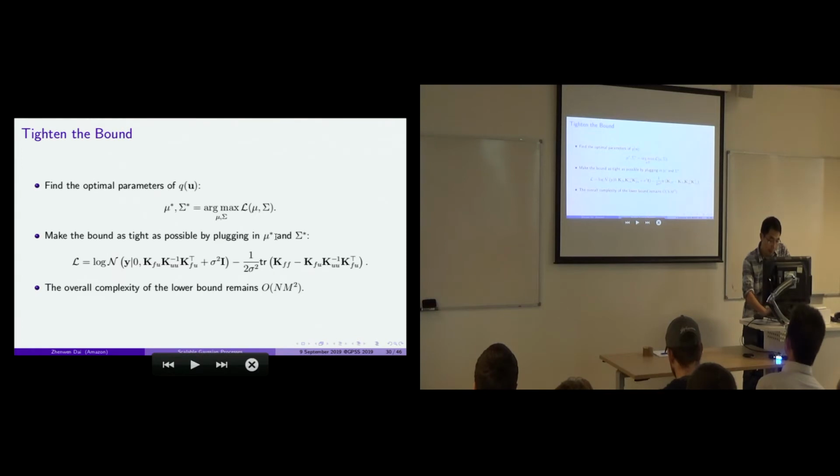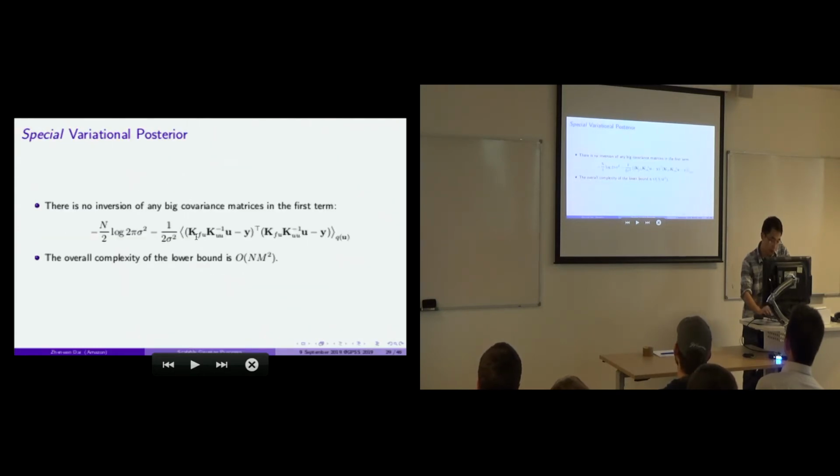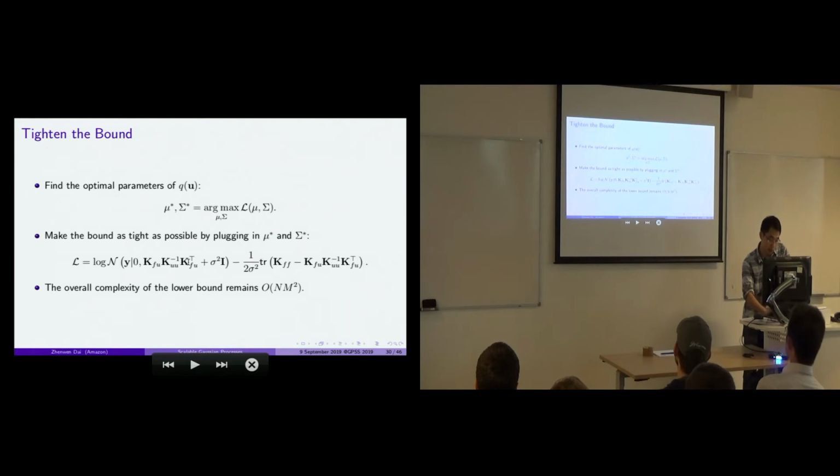We can also find the optimal Q of U values in closed form, and when we plug the optimal value of Q of U into the original bound we derived here, we get a tighter bound, which is usually what is optimized. If we look closely at this lower bound, it looks very similar to the Nystrom approximation, apart from one extra term, a trace term. And the overall computational complexity is nm squared.